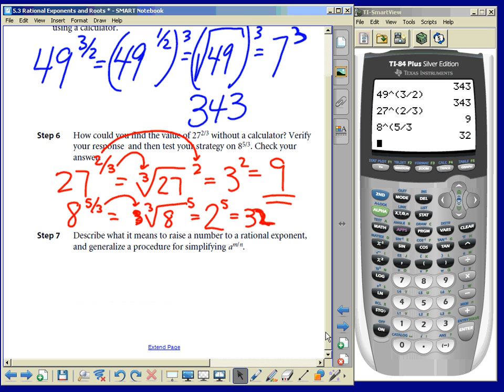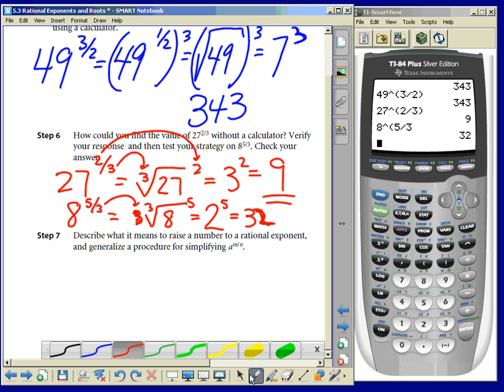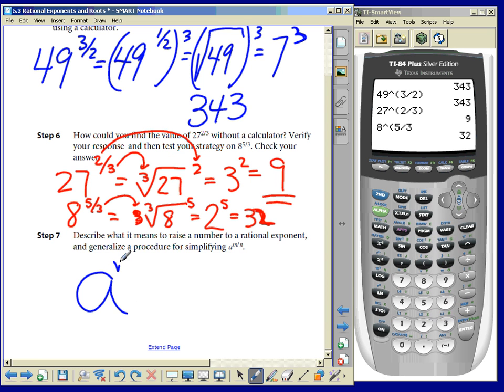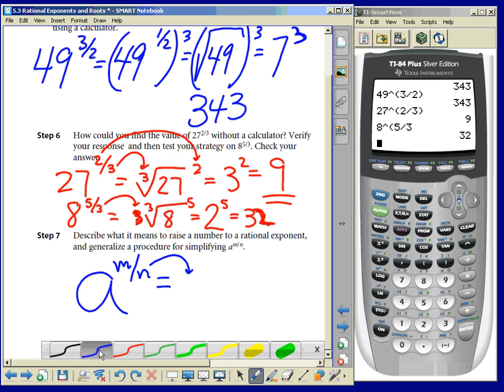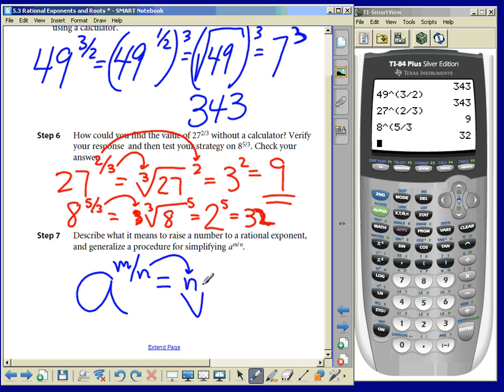Describe what it means to raise a number to a rational exponent and a general procedure for simplifying a to the m over n. Here we go. a to the m over n equals, the n, as in Nancy, is the root that you're going to take, and the m is the power that you're going to take it to.